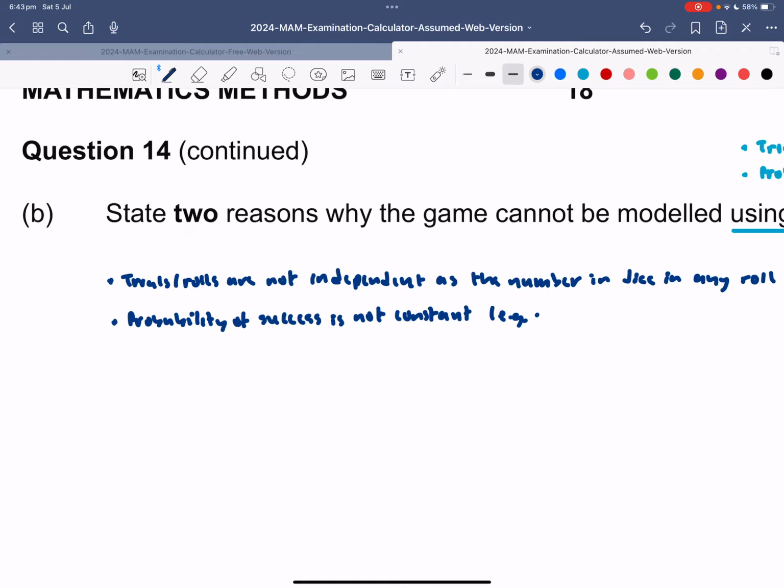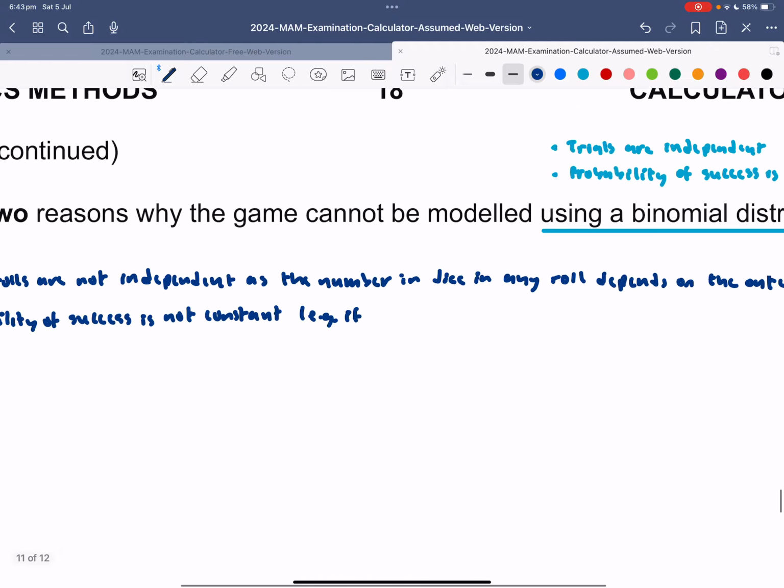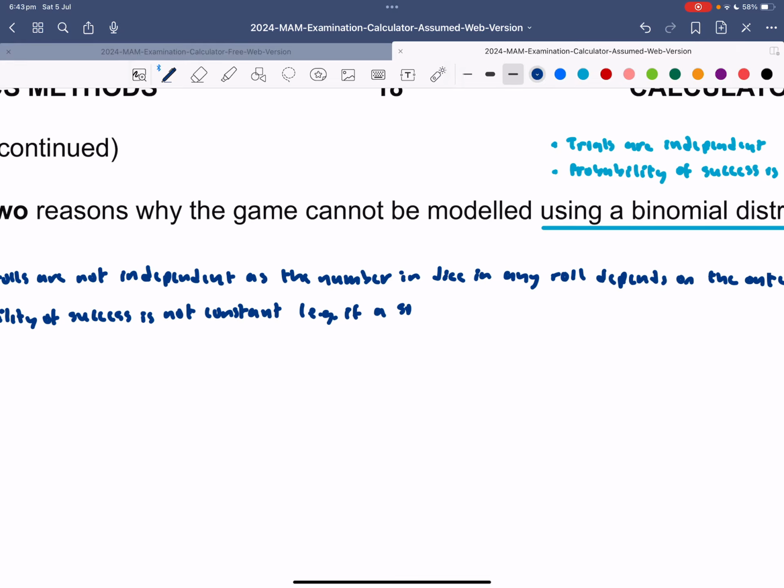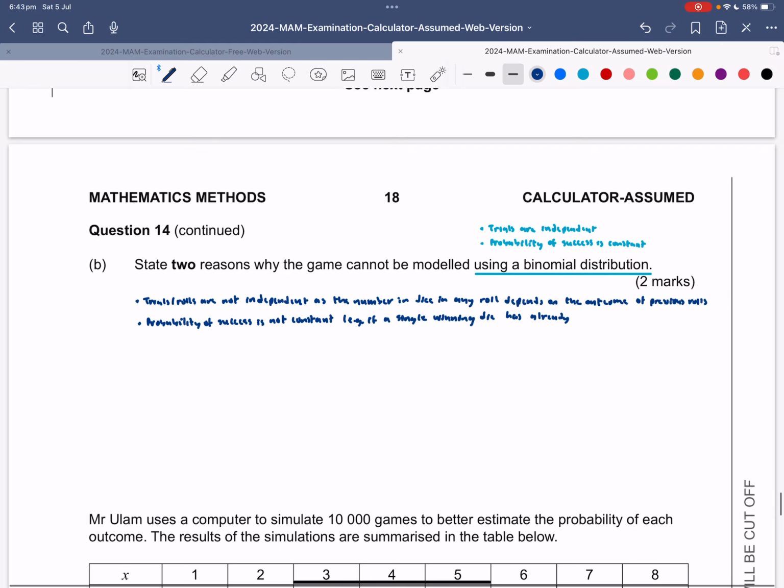For example, if a single winning die has already been removed. Alrighty, so that's another one.